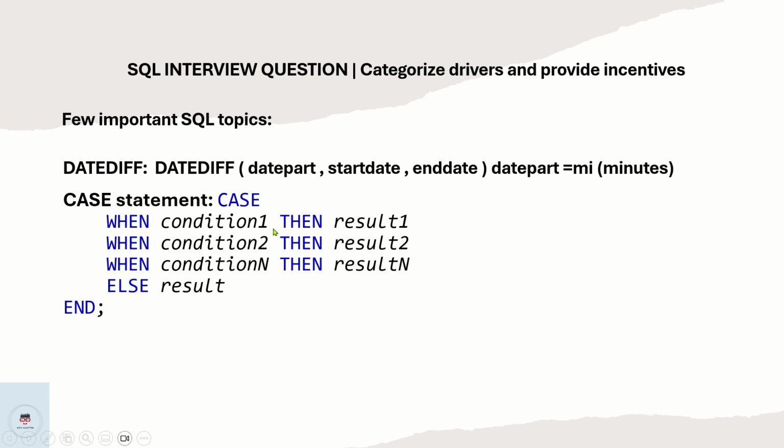If condition one is false, then condition two will be taken. If condition two is true, then result two. If none of the conditions are passing, then the else value will be returned. And other than this, we use a few aggregate functions: sum, average, and count. These are a few important topics which we will be covering in this video.